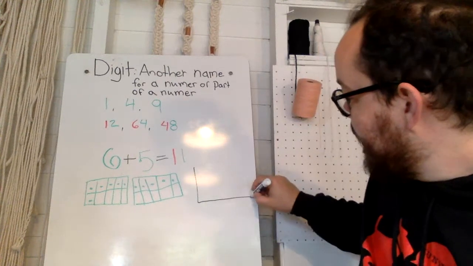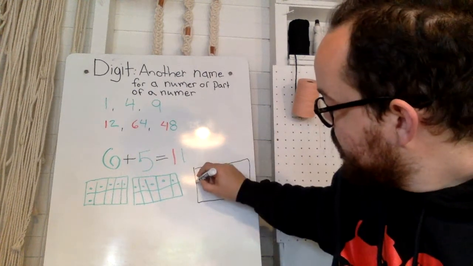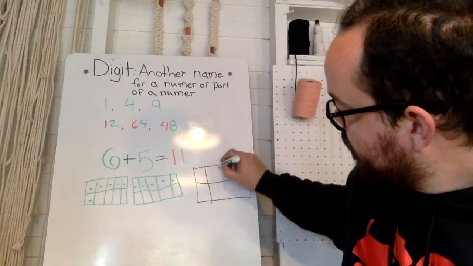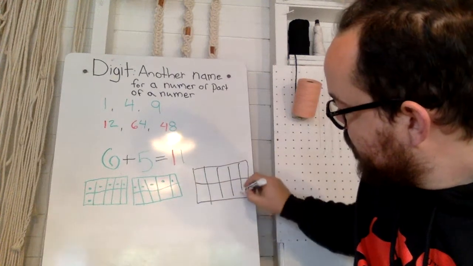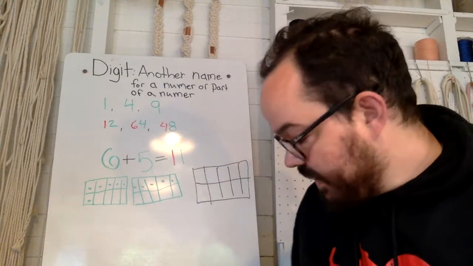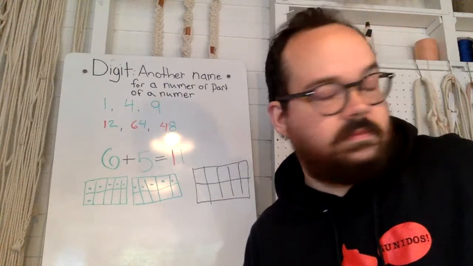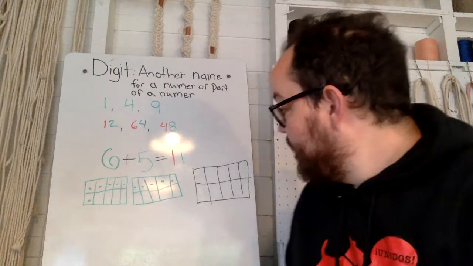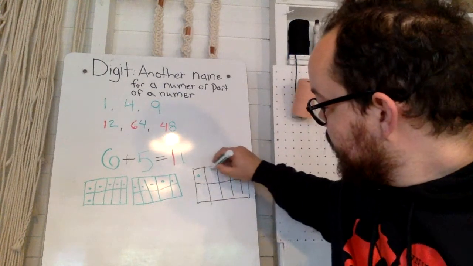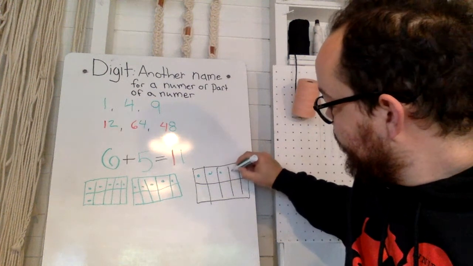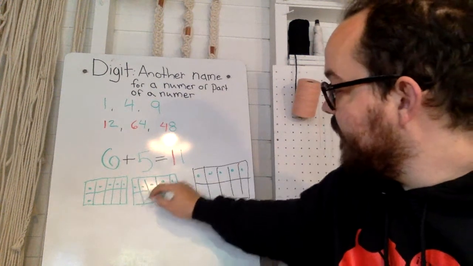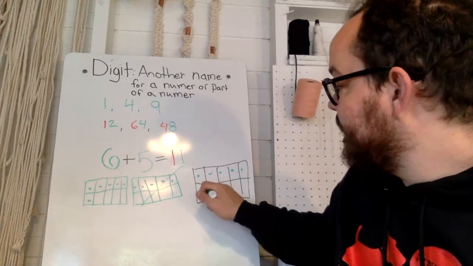I'm going to do it in black just to show the difference. So I've got my 5, 1, 2, 3, 4, 5. So I've done that. Now I've got to add my 6.